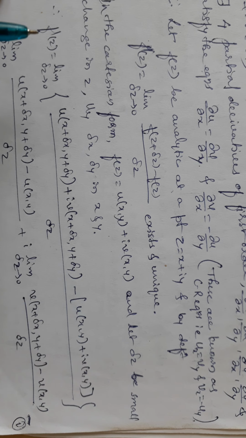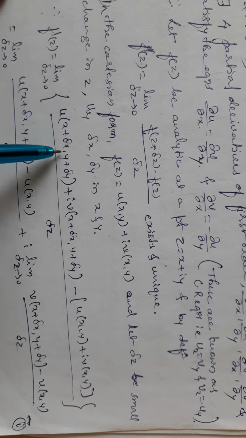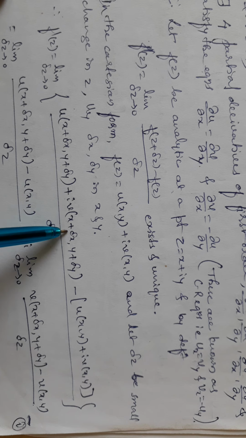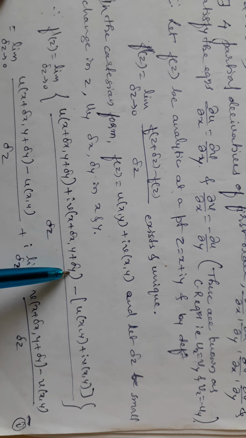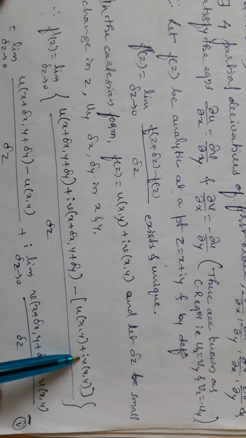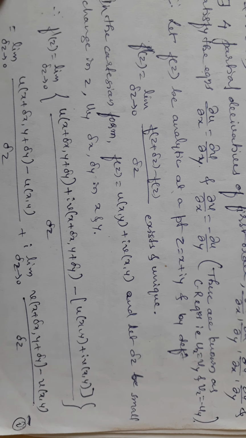Therefore, f dash of z can be written as limit delta z tending to 0, u of x plus delta x comma y plus delta y plus i into v of x plus delta x comma y plus delta y minus f of z, which is u of x y plus i into v of x y, divided by delta z.